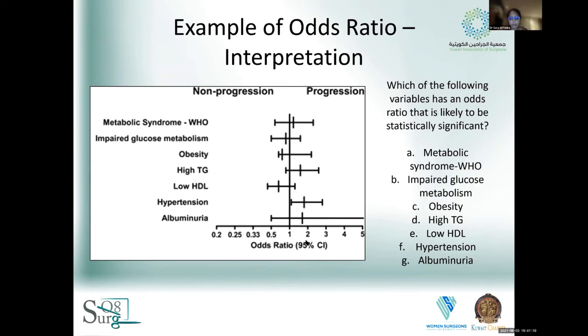Like Dr. Sarah said, this is our third quiz. The question is, which of the following variables has an odds ratio that is likely to be statistically significant? The first option is metabolic syndrome. Second is impaired glucose metabolism. Third is obesity. Fourth option is high triglycerides. And then you've got low HDL, hypertension, and albuminuria.